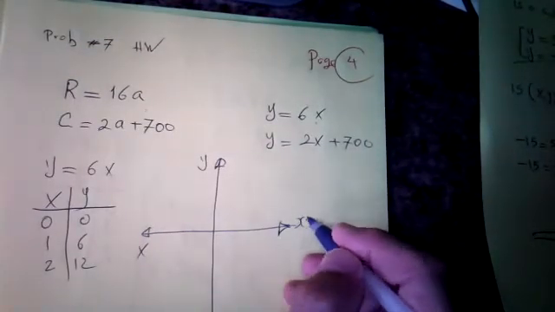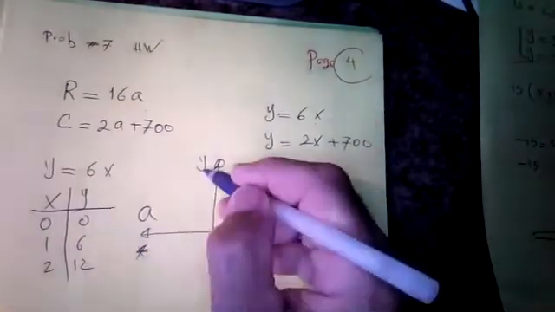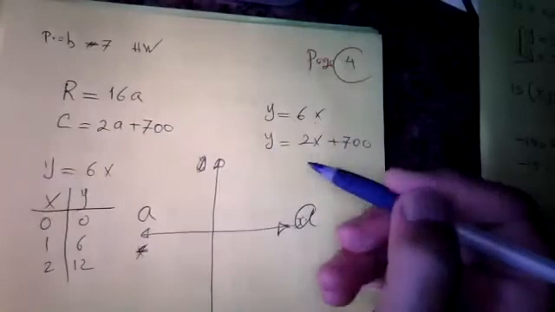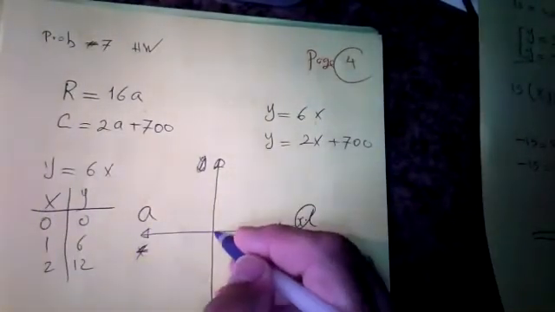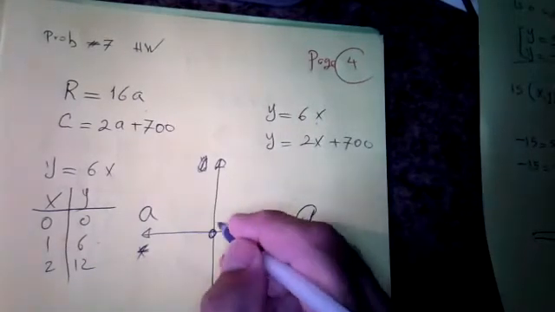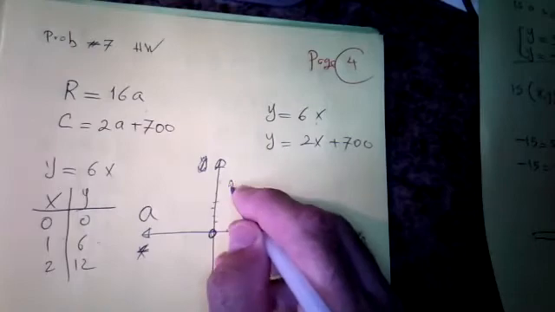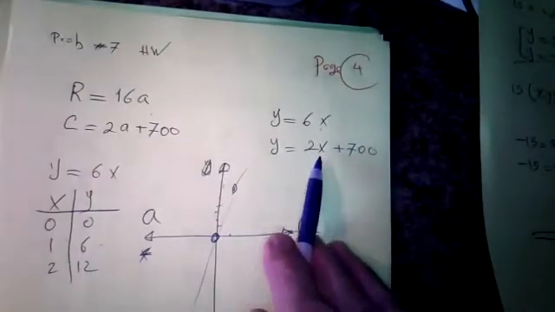This is A, right? And the y-axis is either R or C, it doesn't matter. So to graph this one, it's 0, 0, for instance, then 1 and 6. You do the same thing for the second one too.